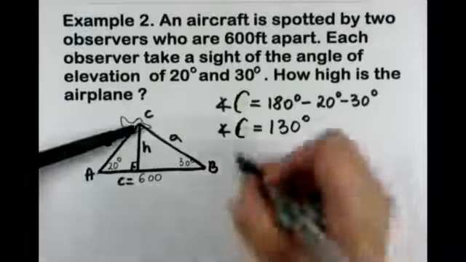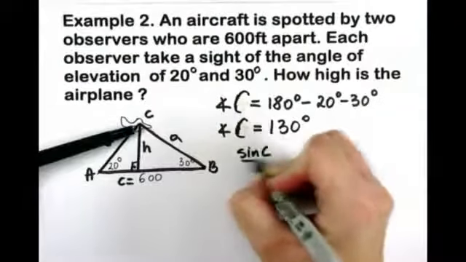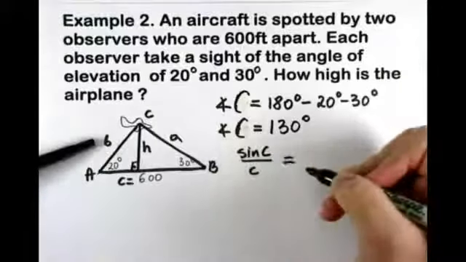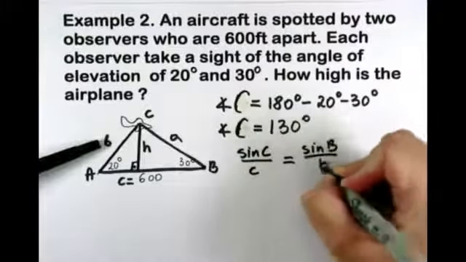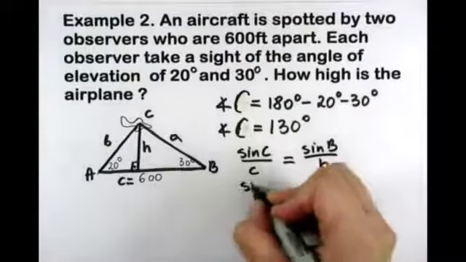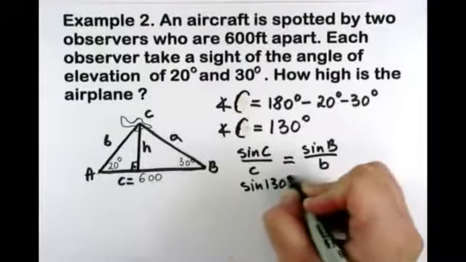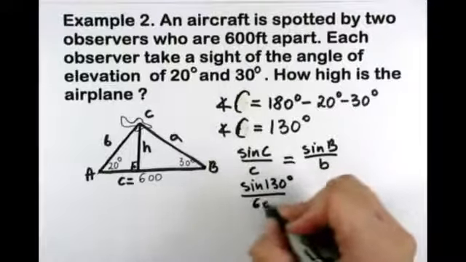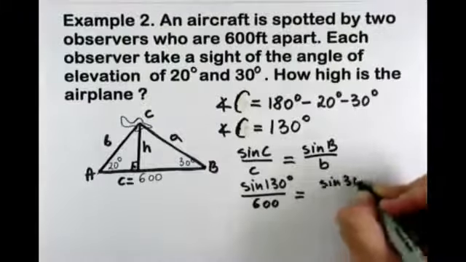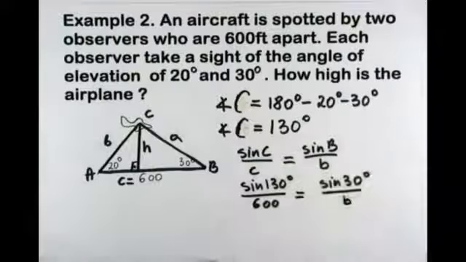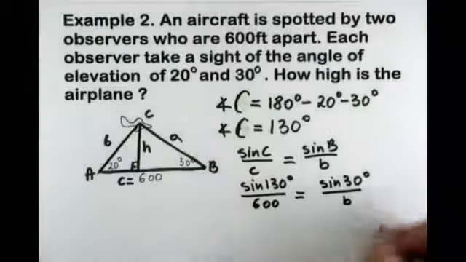Sine C over C is equal to, let's solve for B, sine B over B. So we have that sine 130 degrees over 600 feet is equal to sine 30 degrees over my B. Okay, so we can cross multiply.